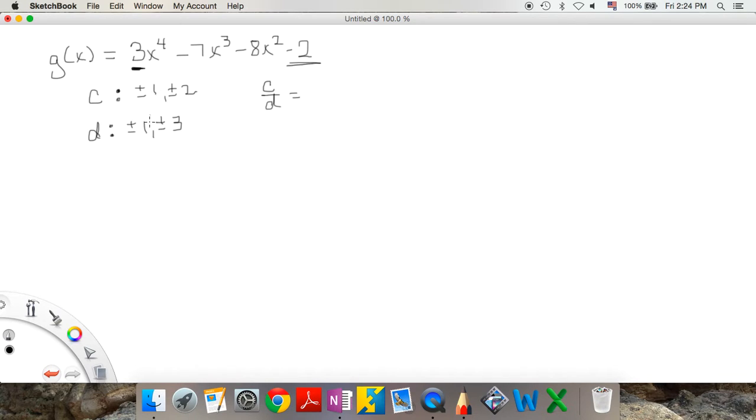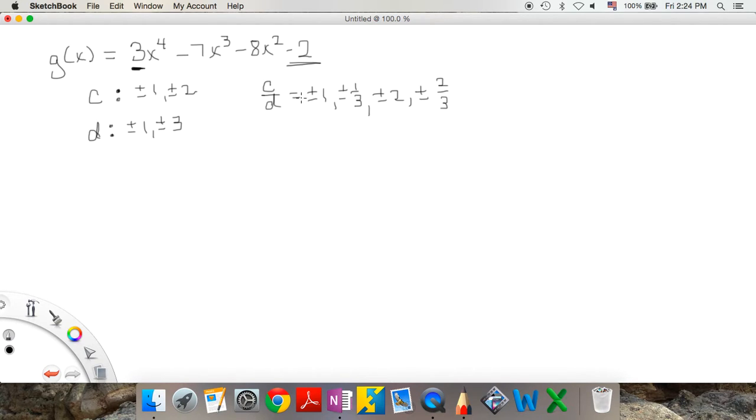So we'll have 1 over 1, plus and minus, of course, and then 1 over 3, plus and minus, of course. And then we'll take our 2 and put it over 1, and then take our 2 and put it over the 3. So we take all our C's and put them over all the D's. So these are all your possible rational roots.